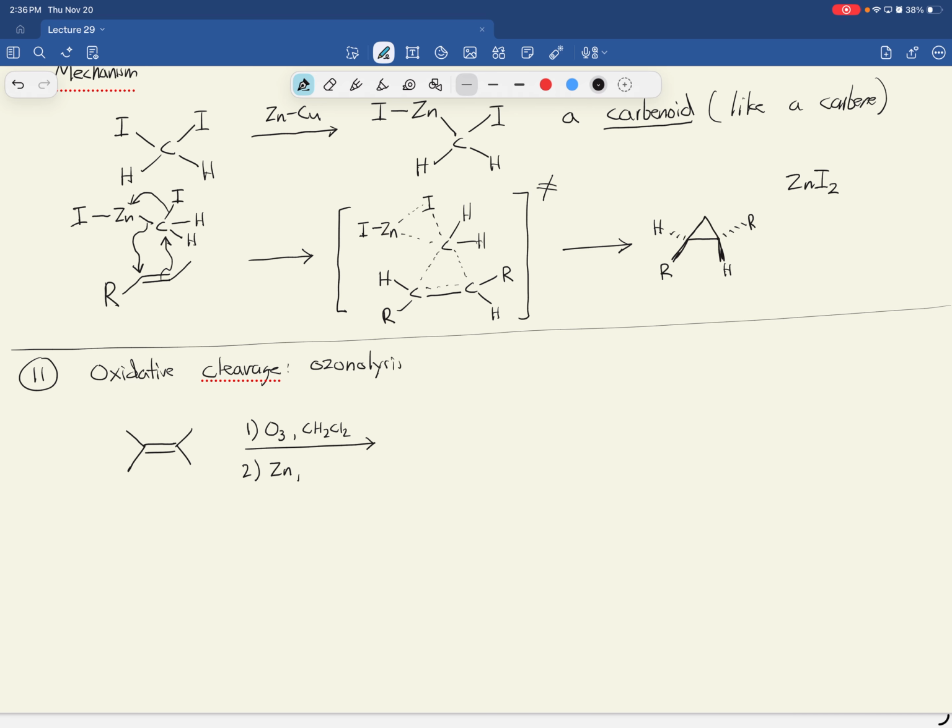Okay, so one step is using ozone. The other is a reduction step with zinc and acetic acid. And look what you get. You actually cleave the molecules, and you get carbonyls out of them. So you're adding oxygen across the double bond, and then you're oxidizing that.